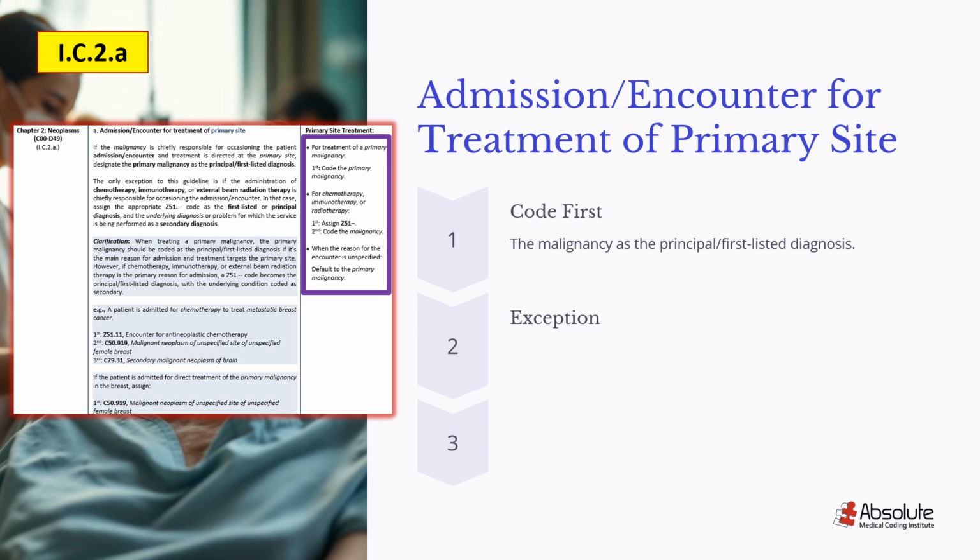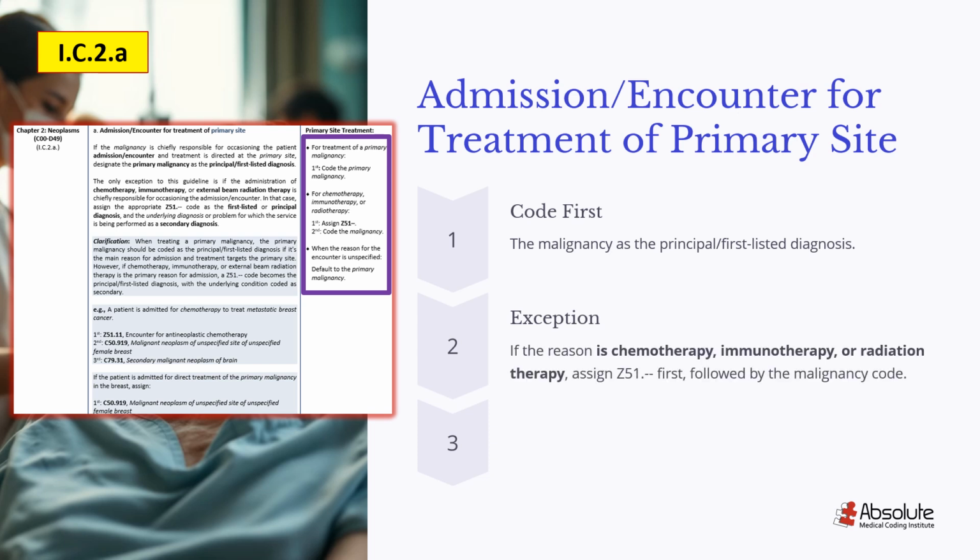If the reason for the encounter is for chemo, immunotherapy, or radiotherapy, or radiation therapy, you're going to sequence the encounter code first, and it's from the Z51 category. Now, it's important that when the reason for the encounter isn't specified, you're going to sequence the primary cancer first.